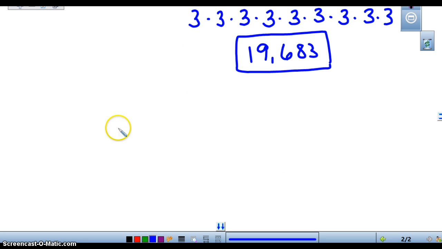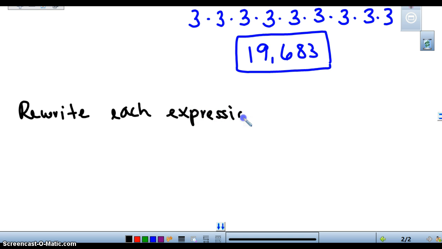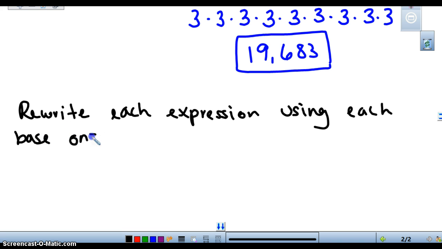So for example, if your instructions are rewrite each expression using each base only once.